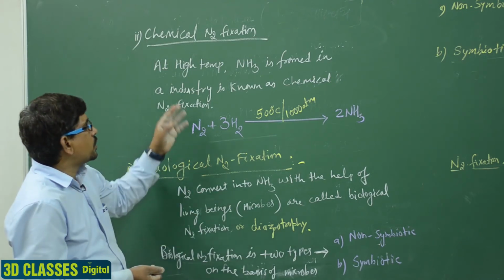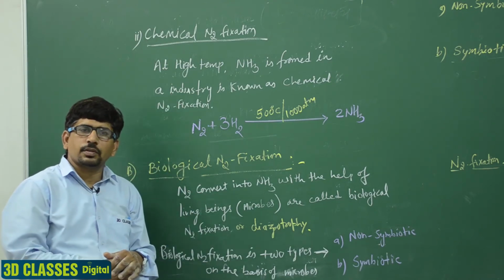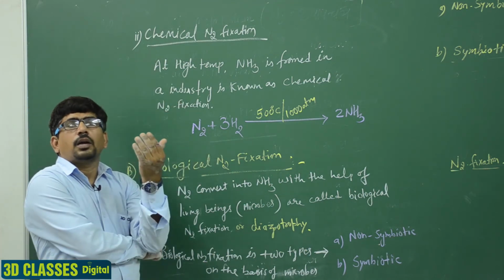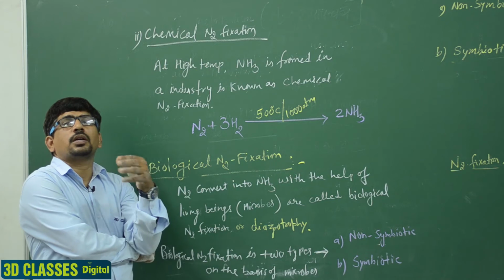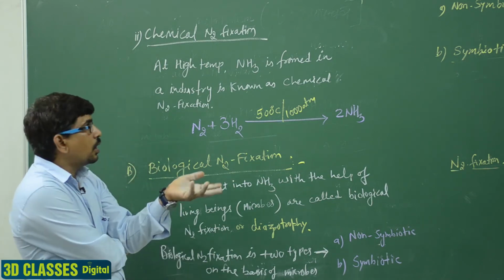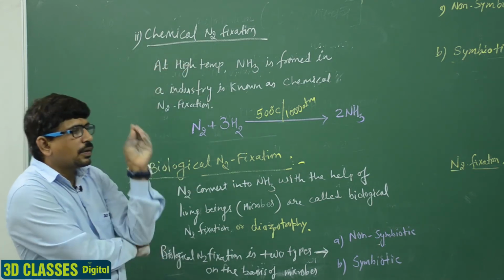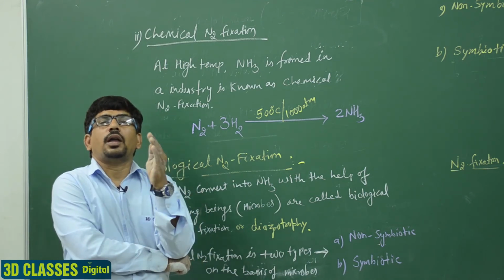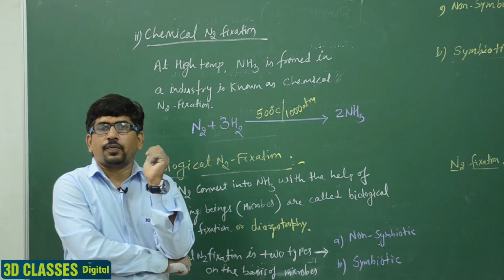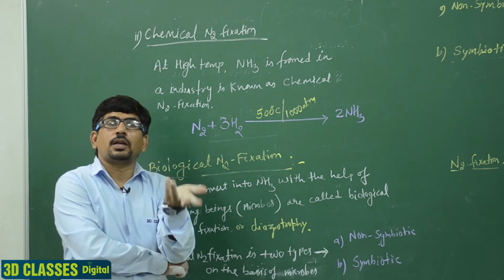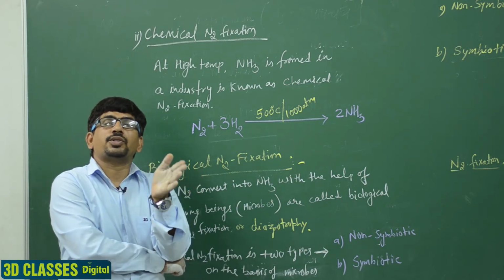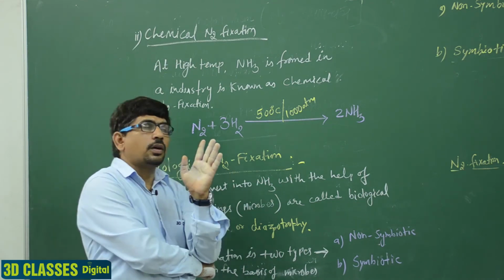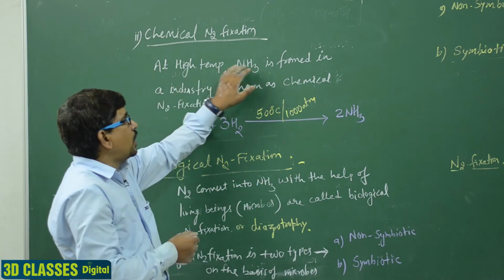So students, next we start chemical nitrogen fixation. Chemical nitrogen fixation is a type of abiological or non-biological nitrogen fixation. In this process, nitrogen is converted into ammonia on an industrial platform. In the industry we utilize high temperature and pressure, and nitrogen is converted into ammonia; at high temperature NH3 is formed.